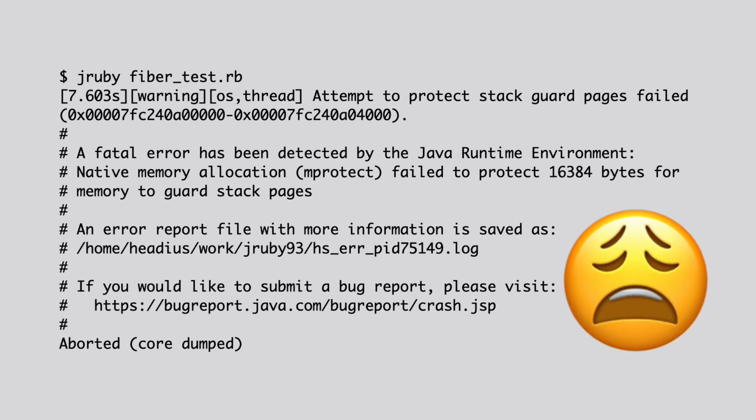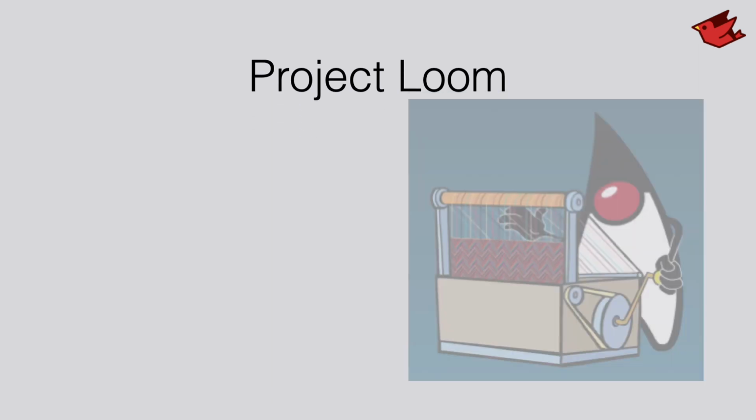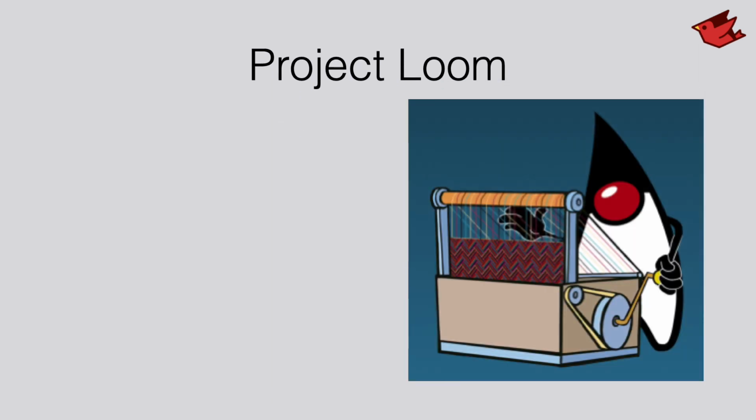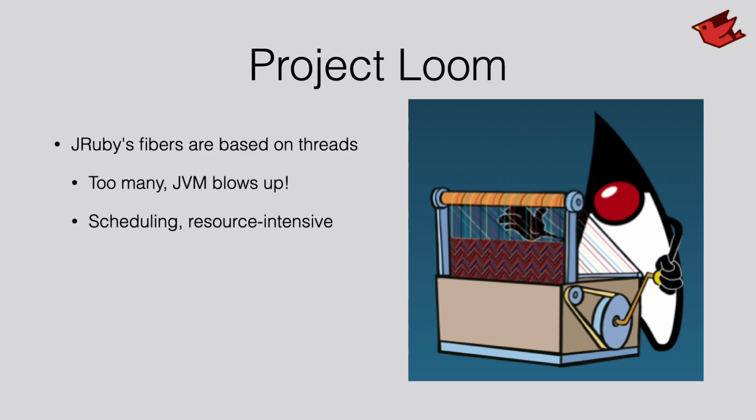So unhappy with this. This is what we run into with some of the modern Ruby applications when we don't have native fiber support. But there's good news here. Project Loom. So Project Loom is an OpenJDK project that is now shipping as of last September in JDK 21. So like I said, JRuby's fibers are based on threads.